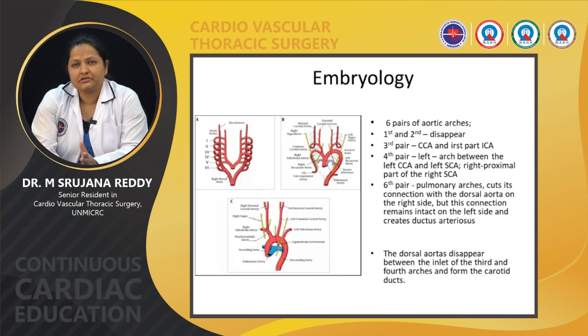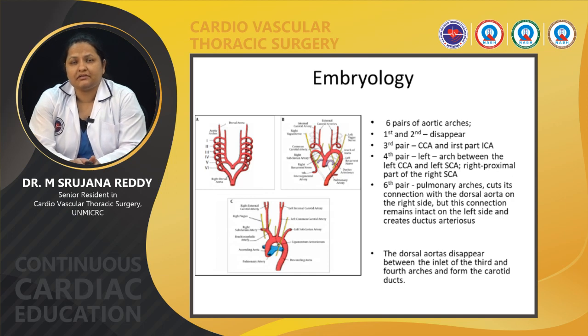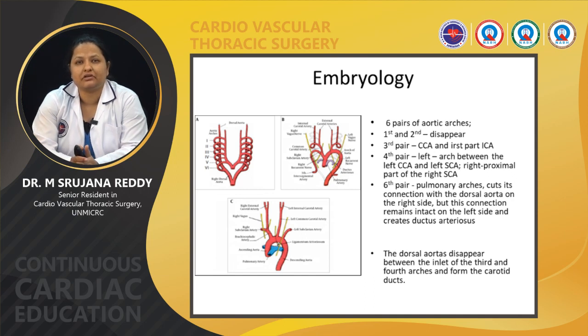Coming to the embryology, we have the aortic arches, which usually develop by 3rd or 4th week. There are 6 pairs of aortic arches. The first and the second, as you can see in the diagrams, disappear, and the third pair usually forms the common carotid artery and the first part of the internal carotid artery.